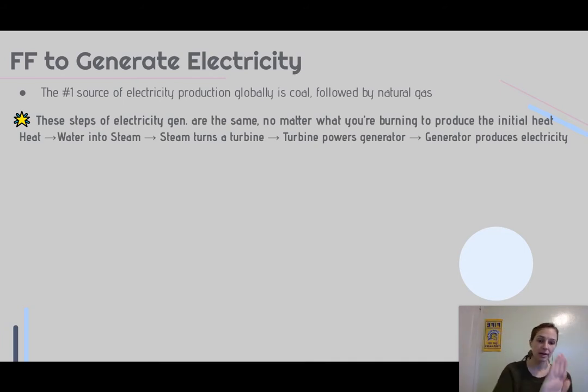So at the very beginning of this, the heat came from the heat that is released from this combustion reaction. This heat is then used to make the steam, which turns the turbine, which powers the generator, which produces electricity. So it's step by step, and ultimately, it started with the combustion of these fossil fuels with the heat.